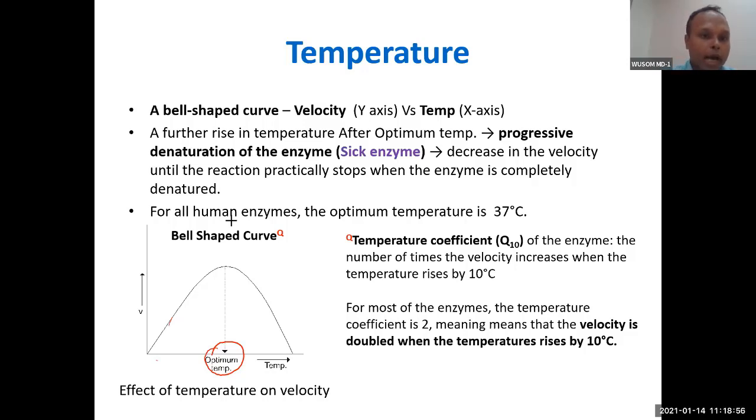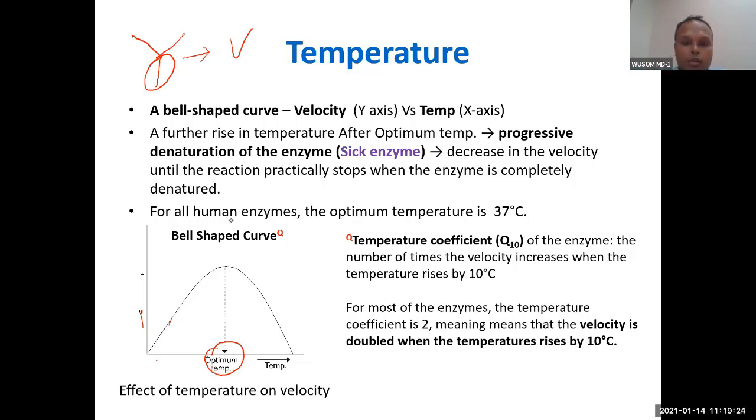For the Y-axis, you can remember Y. If you remove the first part, it becomes V, so you never confuse what is on the Y-axis. The Y-axis always has velocity. So in both conditions, if you decrease or increase temperature, the activity will decrease. This is what temperature means.